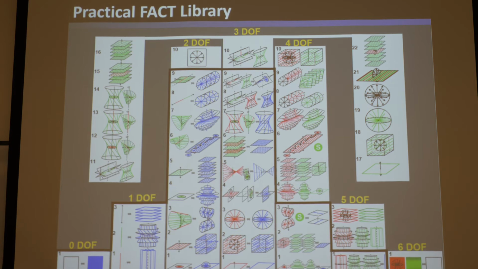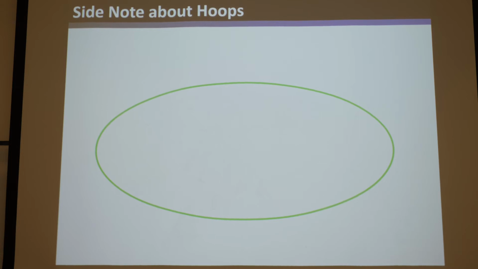Before I move on to the next topic, I just want to do some side notes about hoops because we brought them up with blue hoops as I was making my point in this topic. And you might ask yourself, what happens? I know if I take a red line to infinity, it makes a translation.